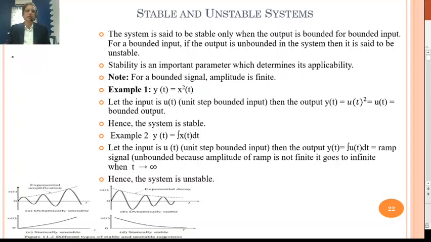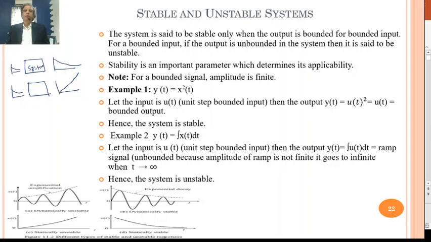That system is called the stable system. But if for the bounded input the output is unbounded, this is at t equal to infinity, that becomes infinity, this system is called the unstable system.